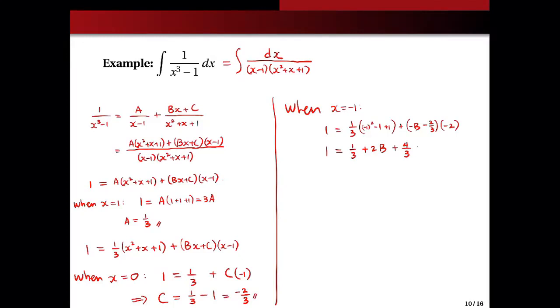And therefore, we will get 2b plus 5/3. So you will have 2b equals 1 minus 5/3. This is negative 2/3, or b equals negative 1/3.